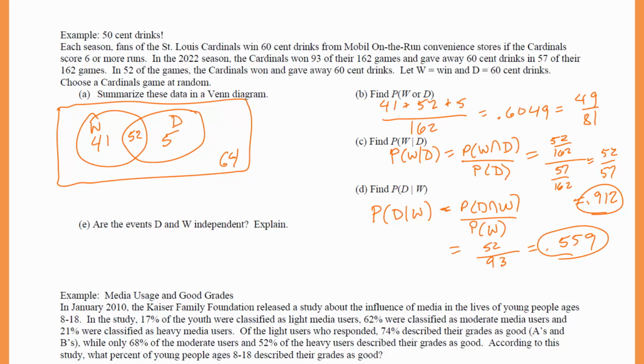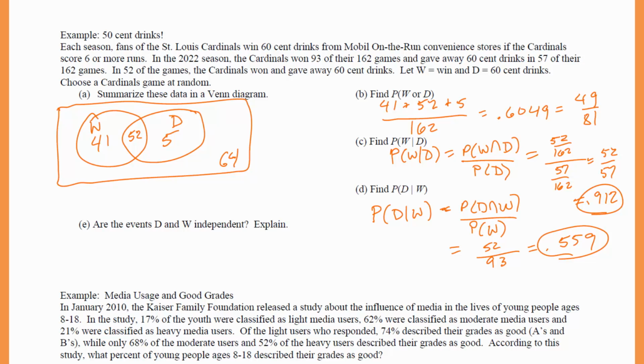So E, are the events D and W independent? One way to show that they are independent or not is to compare a conditional probability with the probability if you remove that condition. So we have calculated both conditional probabilities already. We can pick either one and use either one.